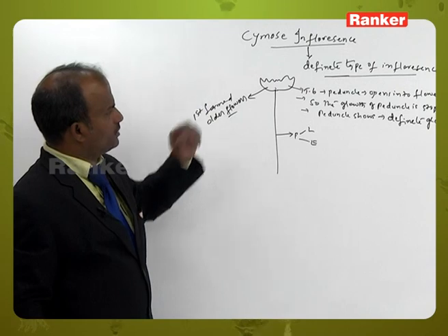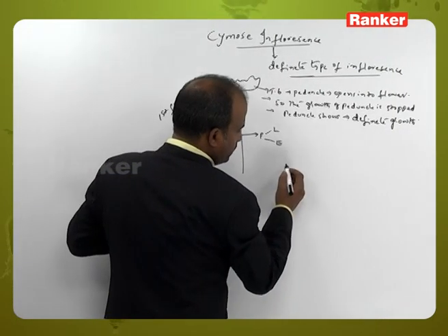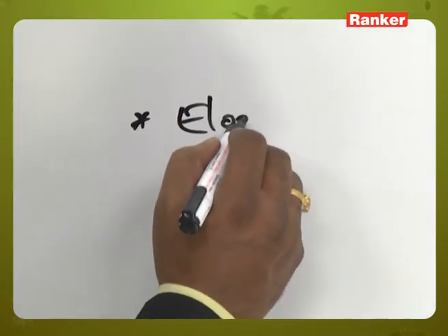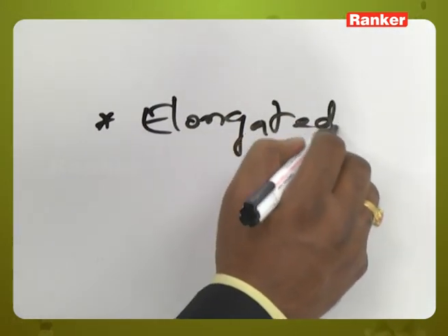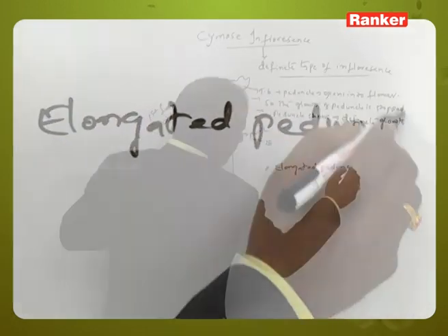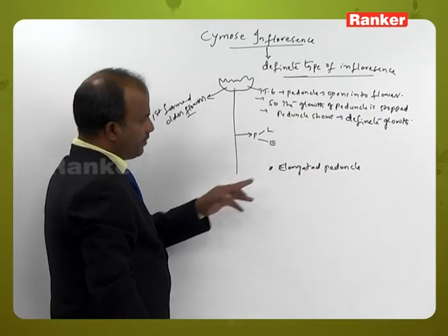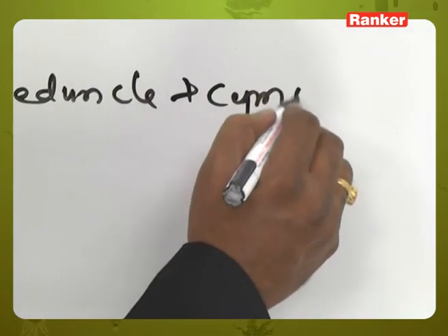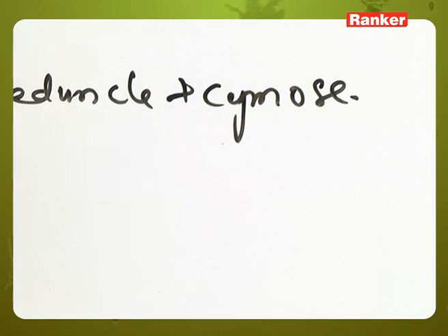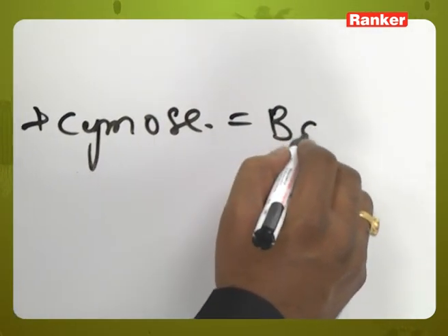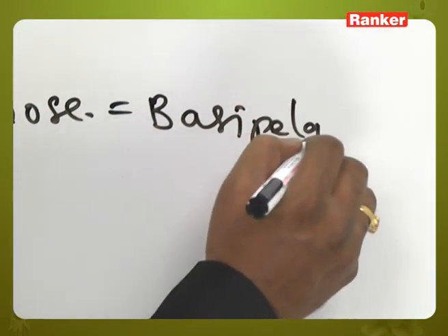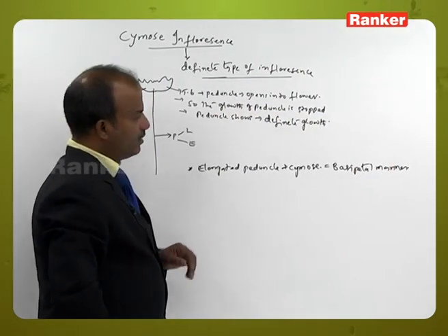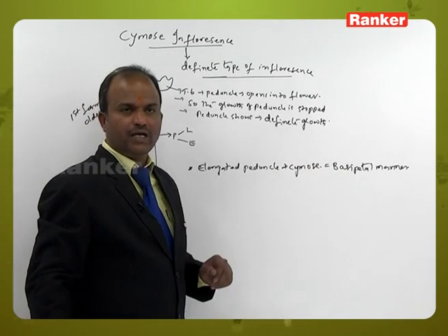In cymose inflorescence, if the peduncle is elongated, then the flowers are arranged in a basipetal manner. In which manner? Basipetal manner. What is meant by basipetal arrangement?